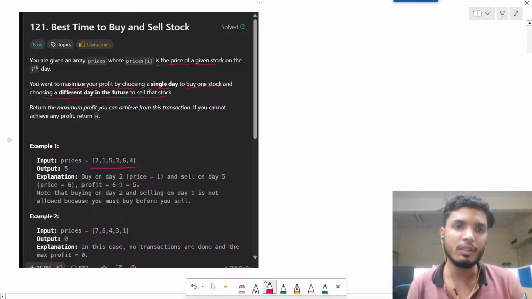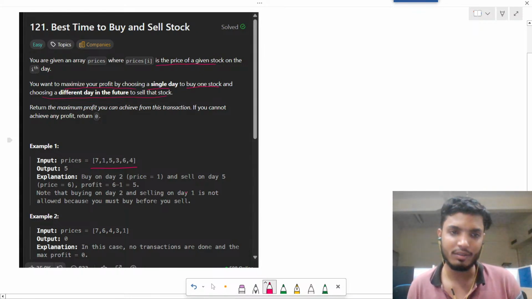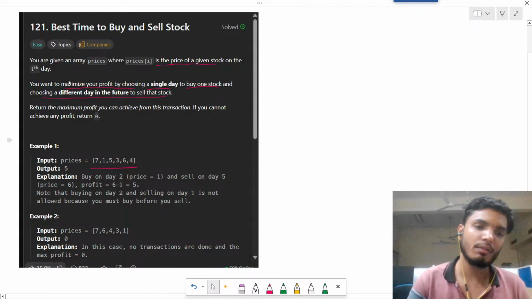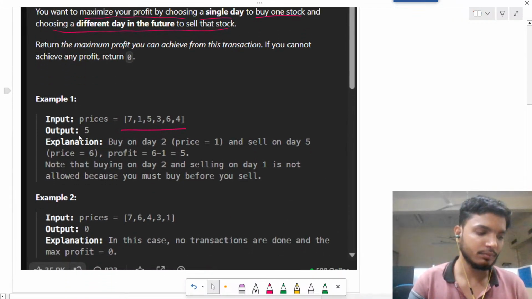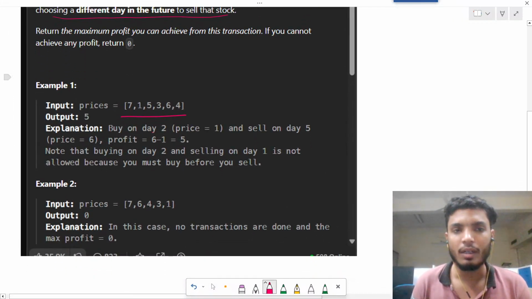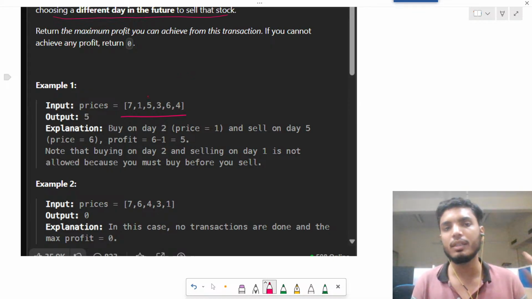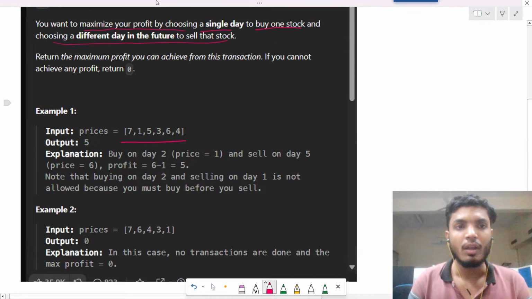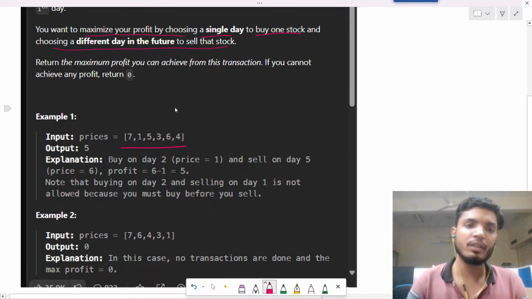That means you will choose a particular day to buy one stock, and a different day in the future to sell it. I will choose one particular day where I will be buying, and another where I will be selling. We have to return the maximum profit which you can achieve.